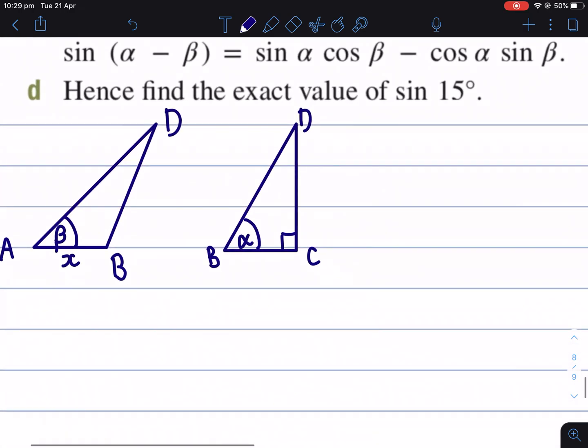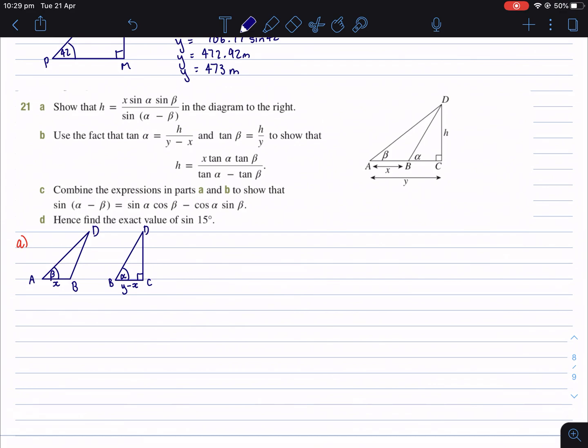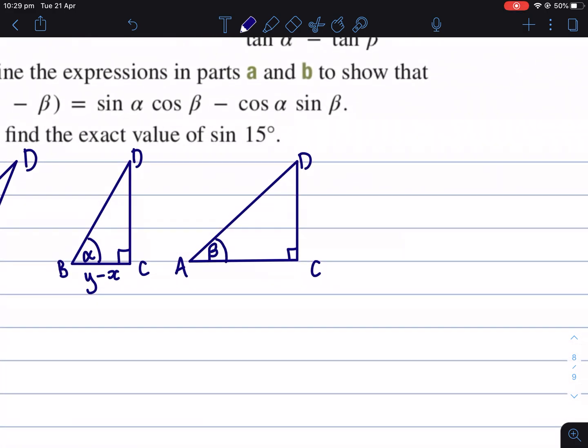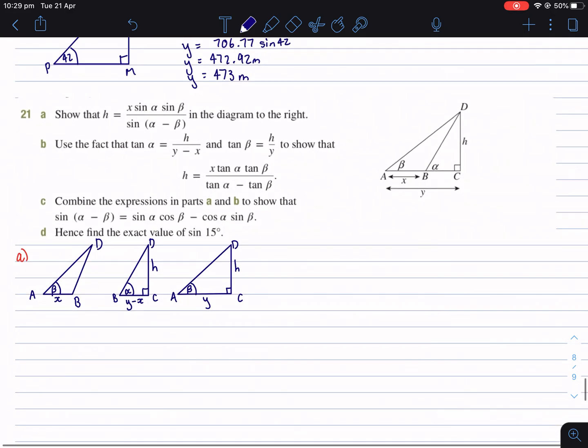And this line would actually be y take x if you have a look at the diagram. And then my final one is the whole lot together, ADC. So this is a right angle, this is angle beta, and this is y, this is h, this is h.